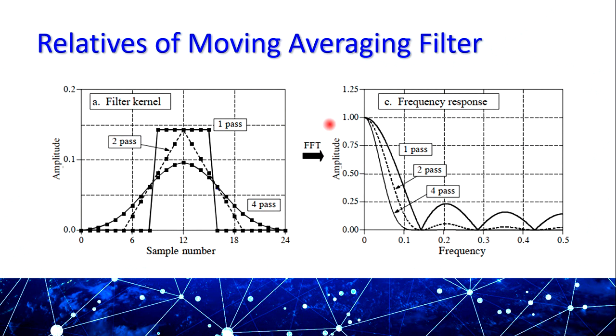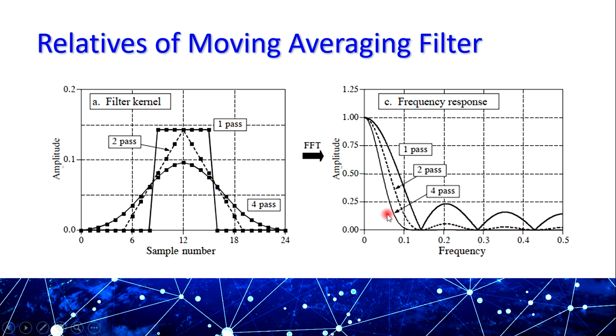If we pass the signal 4 times through the filter, it is known as the Gaussian filter, and the representation in time domain is like this one. The first is the moving averaging filter, 2 passes give the Blackman window filter, and 4 passes give the Gaussian filter.